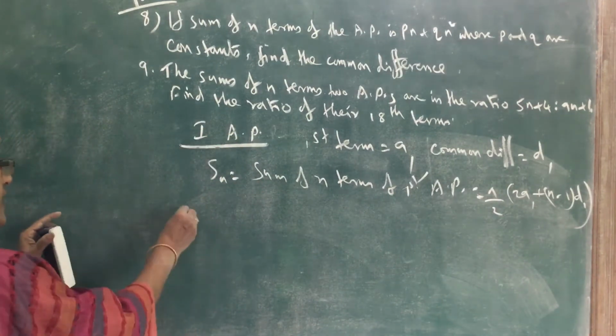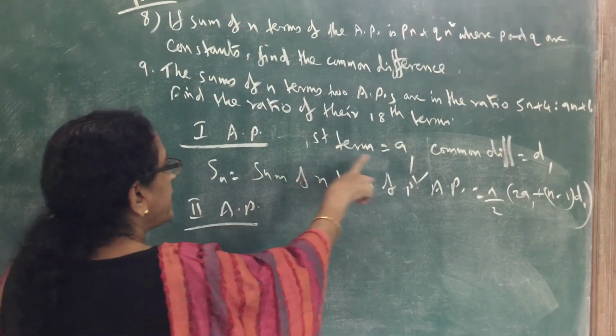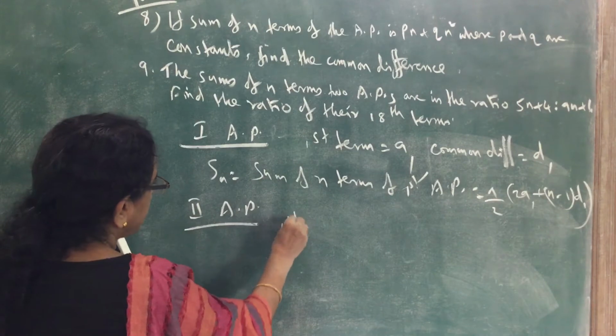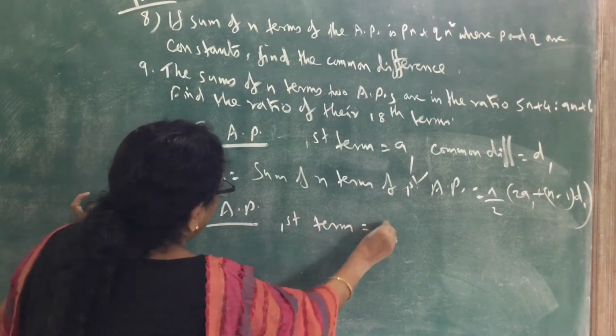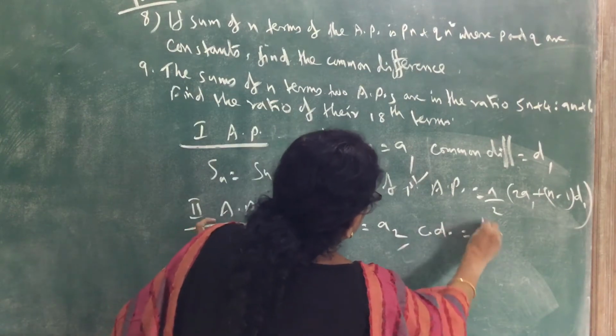Now consider the second AP. For the second AP, we consider first term a2 and common difference d2.